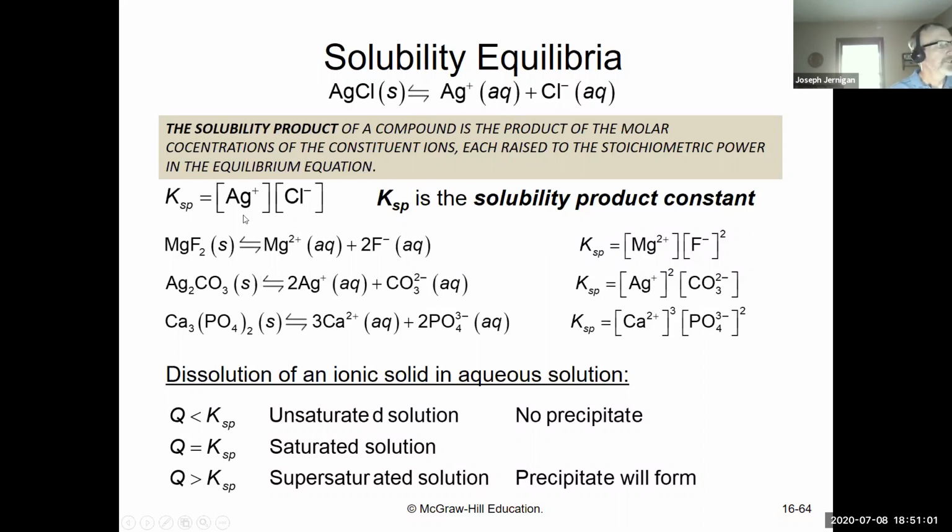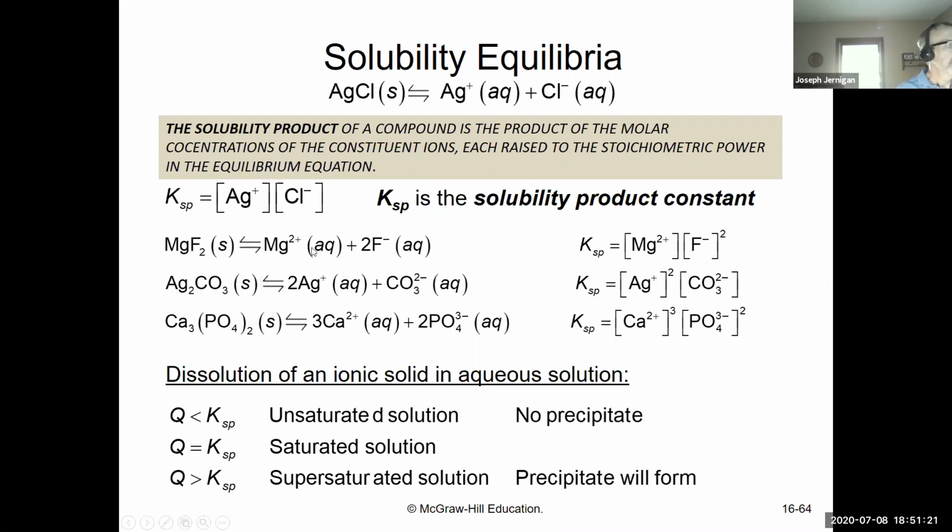KSP is equal to the concentration of silver ion times the concentration of chloride ion, just as we would have done when we introduced the concept of equilibrium constants. Silver chloride is a solid, so it is not included in the KSP, okay? All right, so let's just go through some examples.